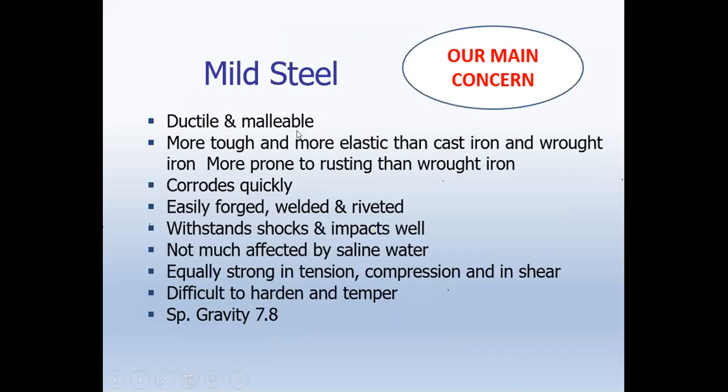Now, one of the properties of the mild steels is its ductility and malleability. That is, it can easily be forged and it can easily be stretched into other forms. As compared to cast iron and wrought iron, this one is prone to rust, but it is more tough and more elastic.